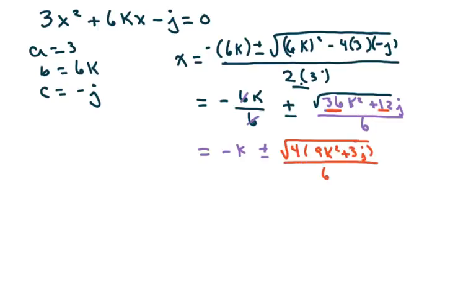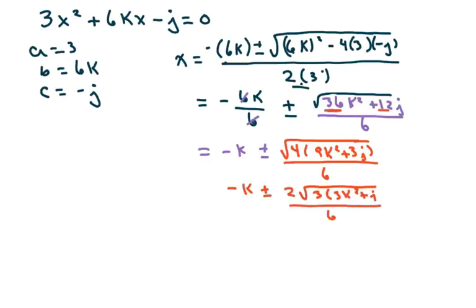Now we've already taken care of this part, so let's factor out the 4. The square root of 4 is 2. And then I'm going to factor out a 3, so you get 3 times 3k squared plus j over 6.